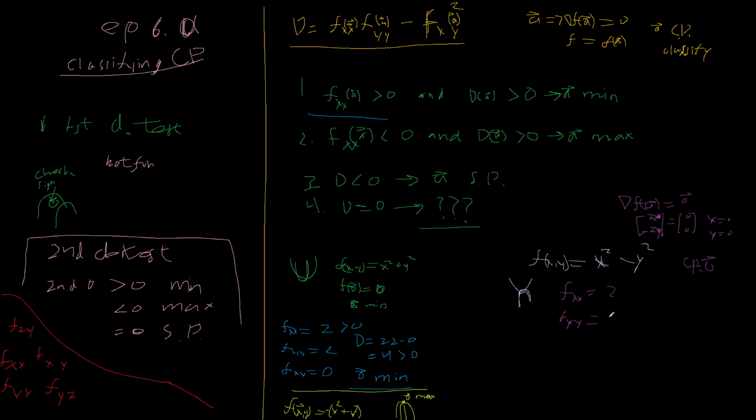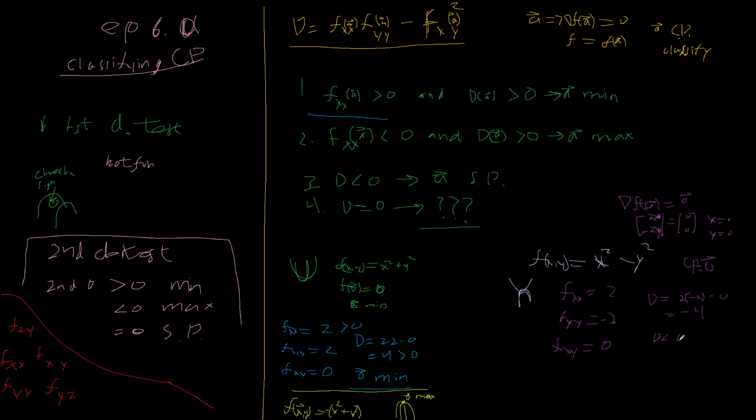Our second derivative in y is minus 2. What is f_xy? f_xy is 0. Now, what's D? D is equal to 2 times minus 2 minus 0, which is minus 4.